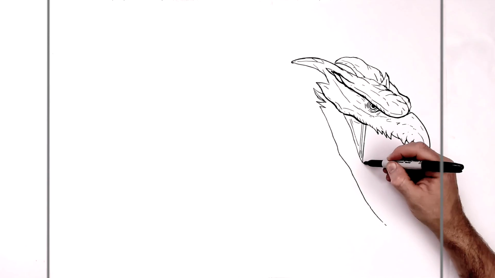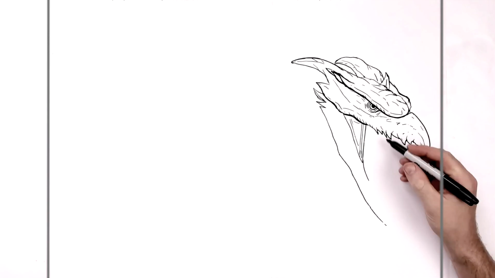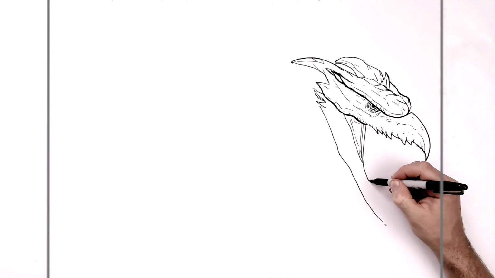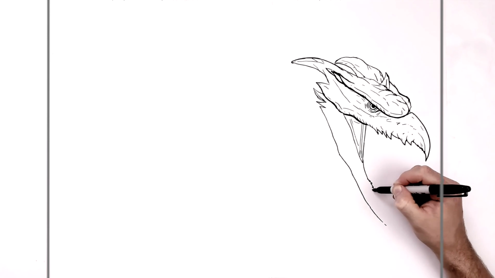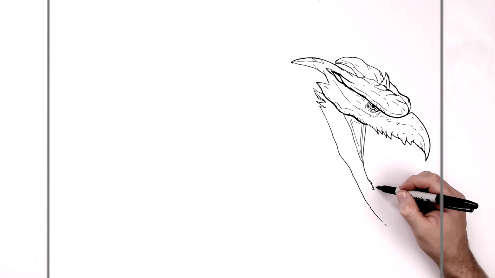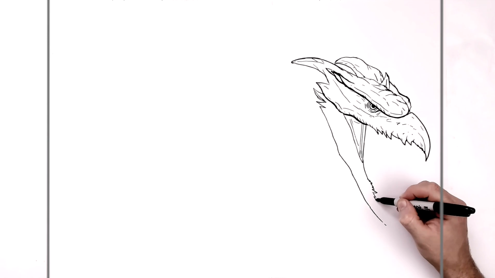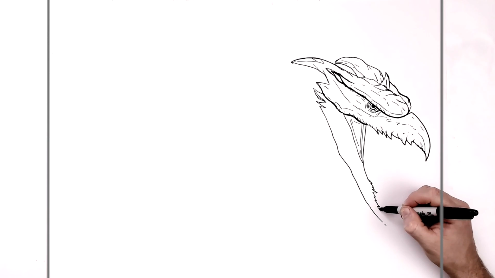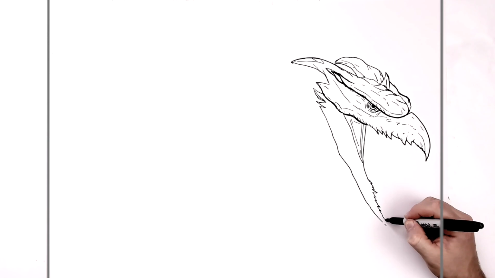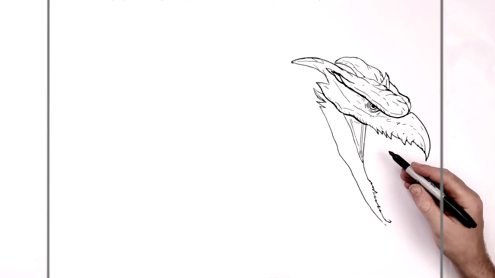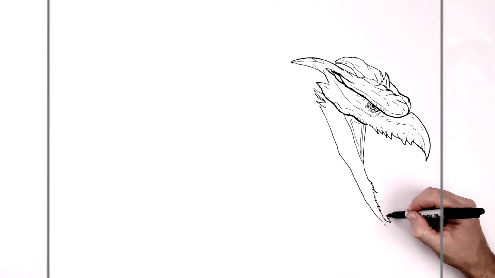Right, so then this eventually will become his bottom jaw, and his bottom jaw has, again, lots of little spiky teeth, like loads of them. Some bigger than others, but mostly they're pretty small. Like a little razor, sort of. That's what it looks like to me. And eventually it'll go back up the other way.